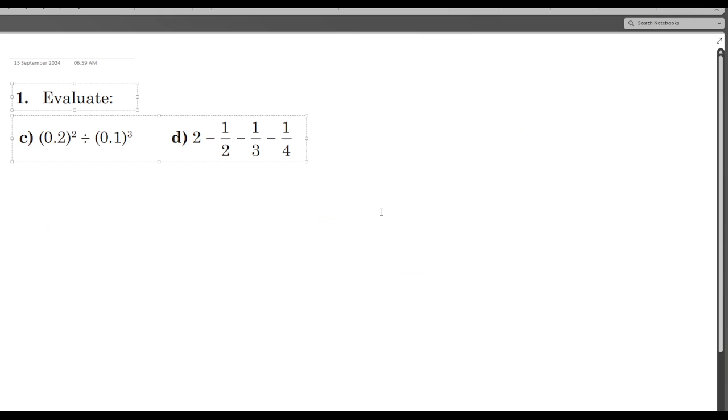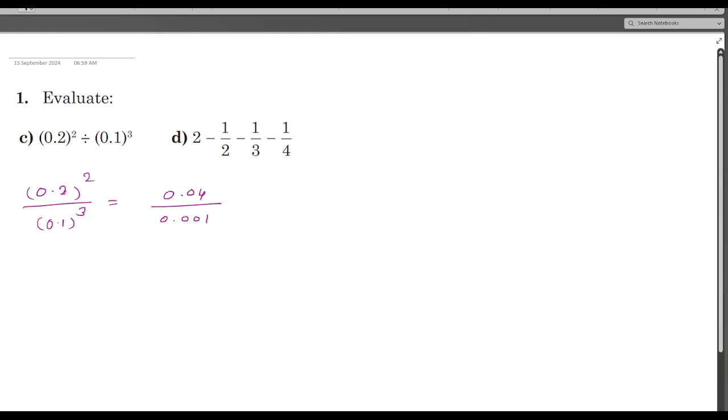Next problem, here we have 0.2 square divided by 0.1 cube. Now 0.2 square will be 0.04 and 0.1 cube will be 0.001.